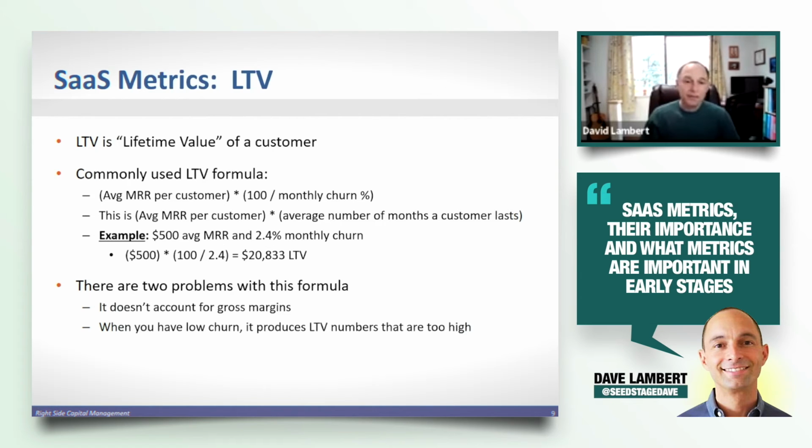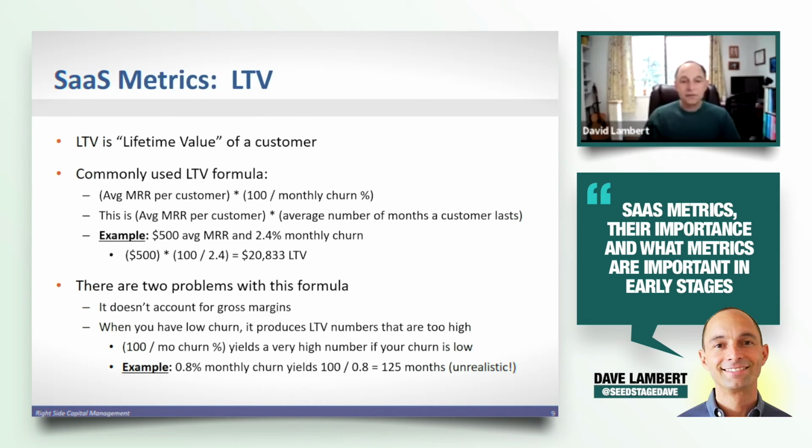The other problem is that when you have low churn, this formula produces LTV numbers that are way too high. Let me give an example here. Remember, this is the formula. Let's say you have 0.8% monthly churn. So if I divide 100 by 0.8, that's 125 months.